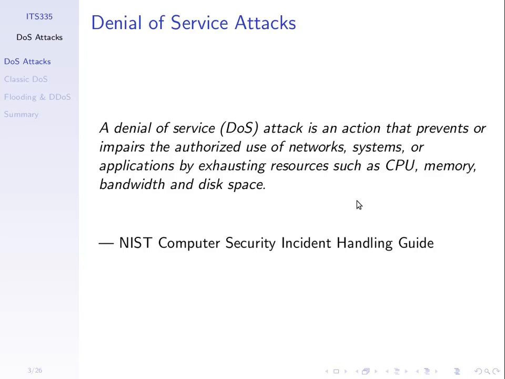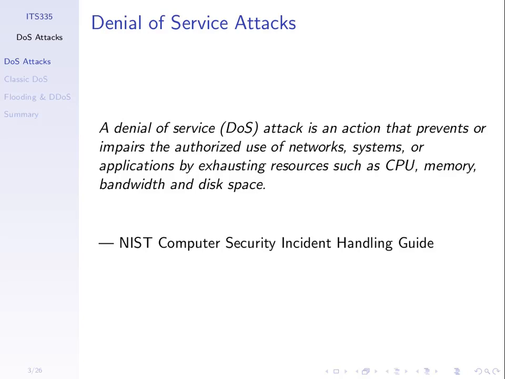What do we mean by a DoS attack? An action that prevents or impairs the authorized use of networks, so we can't use the network, systems, the computer system, or applications. How does it do that? By exhausting resources. So the resources that we have available run out because of the attack.